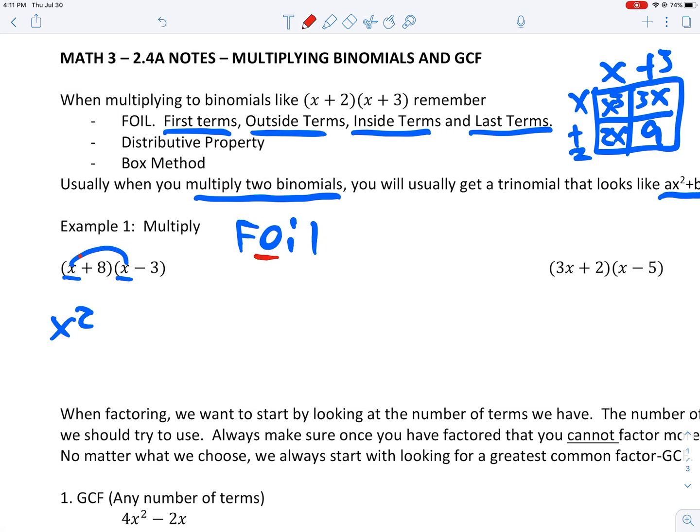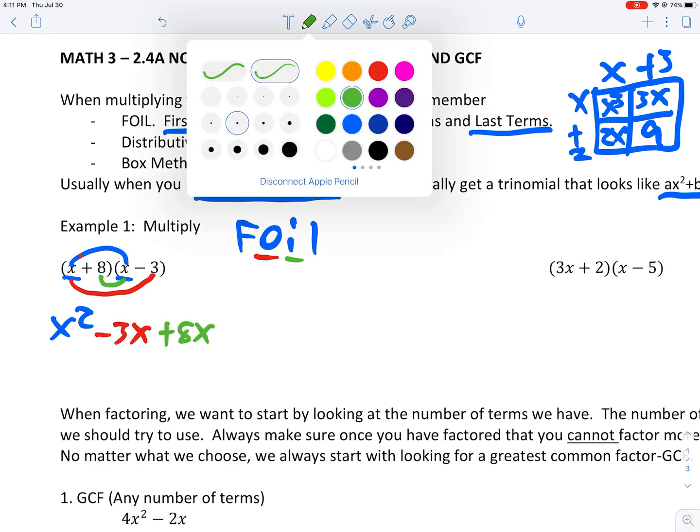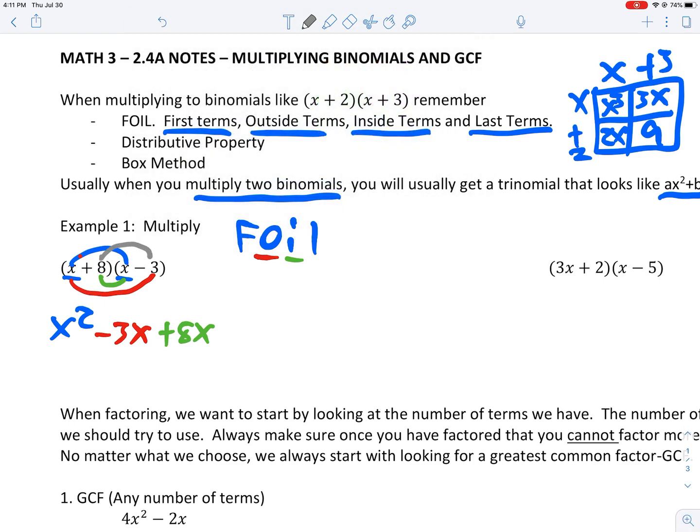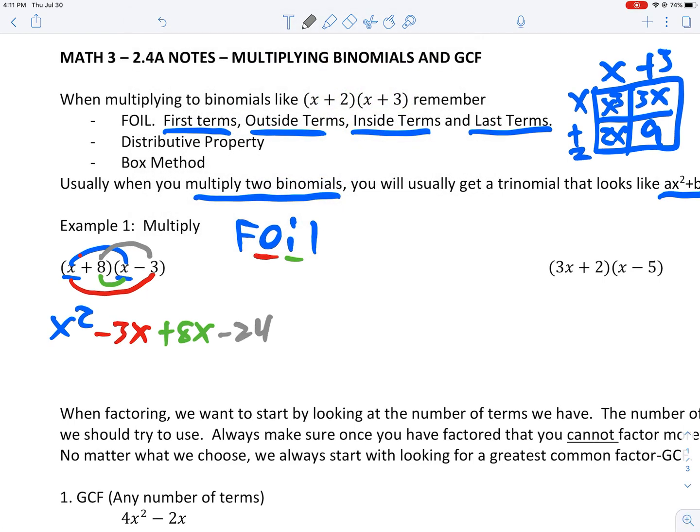Now the O, outside, our outside terms, so x times negative 3 is negative 3x. Now we're going to use our inside terms, so that would be plus 8x. And now we're going to use our last terms, which is negative 24.